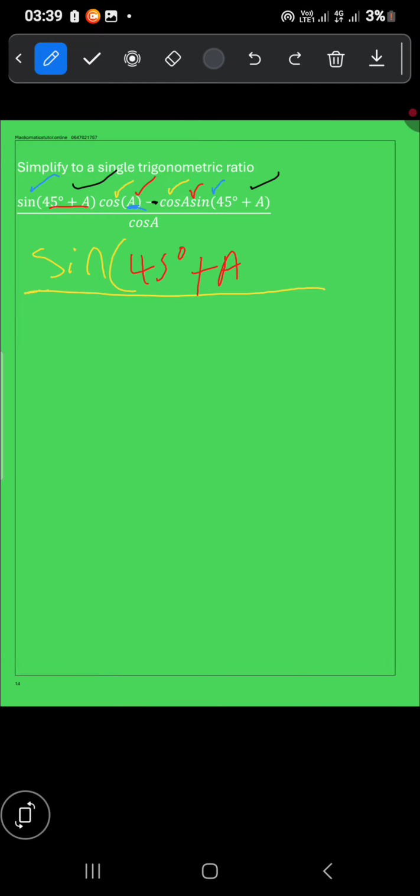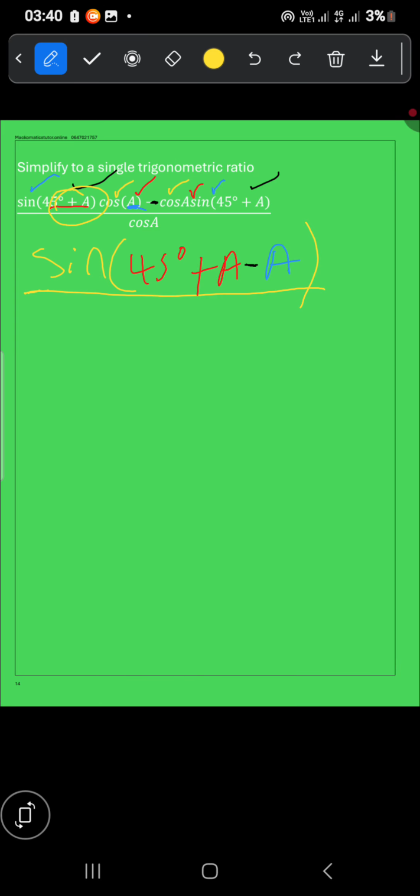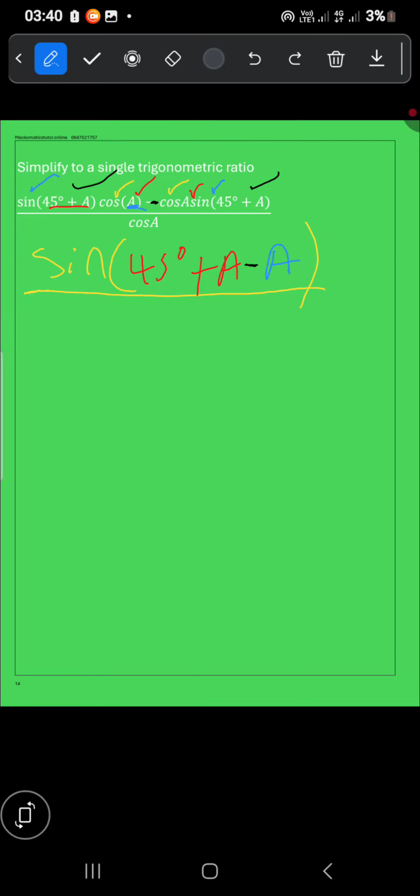Since this is a minus, we also put a minus, that is for sine. The second angle, which is angle A, is the second angle. So we take the first angle, subtract the second angle. And that's how the compound angle identity works. Now, at the bottom, we have got cos A.